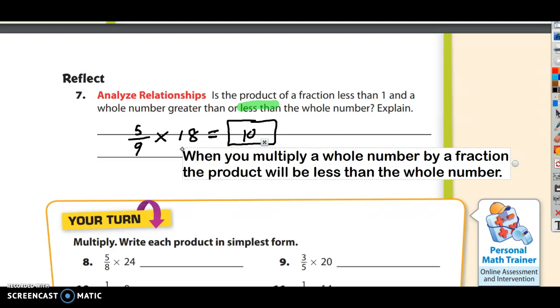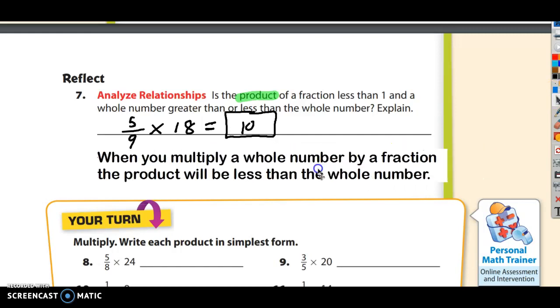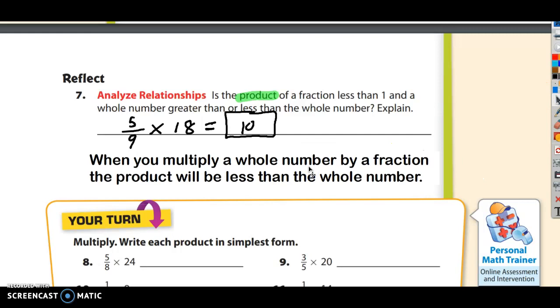And the reason why it's not the same as when you multiply by whole numbers is that if you multiply by 2, you're going to double your factor. If you multiply by 3, you're going to triple your factor. But in this case, we actually multiply by a number that's less than 1. When you multiply by a fraction, the product becomes less than the whole number. It's kind of backwards.